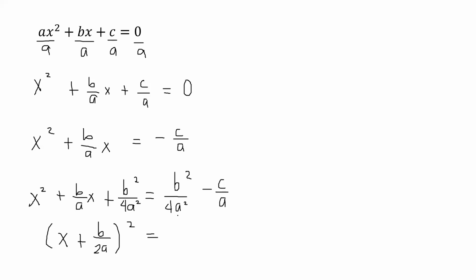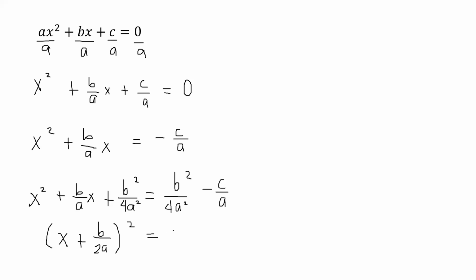Their LCD is 4a squared, so there's no need to multiply anything in b squared over 4a squared. But in negative c over a, we can multiply both the numerator and denominator by 4a, so that the denominator will be 4a squared.